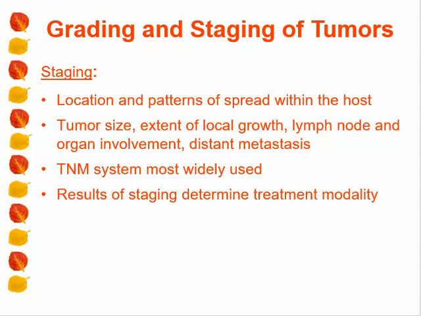So if there's a lump found in the breast, they'll see it with a mammogram and they'll say, okay, it's so many millimeters. It seems to be local. Let's biopsy it. They biopsy it. They go, okay, it definitely looks malignant.